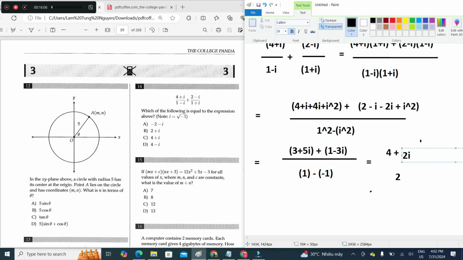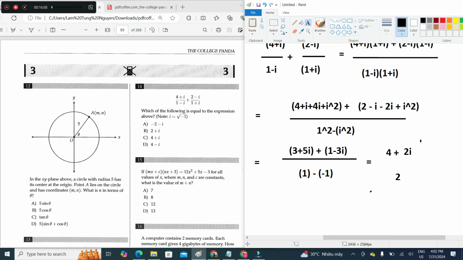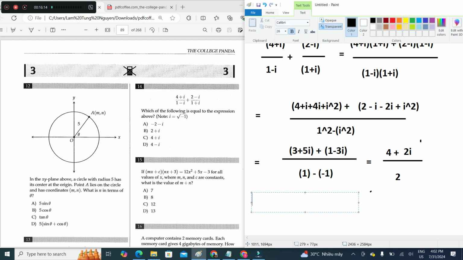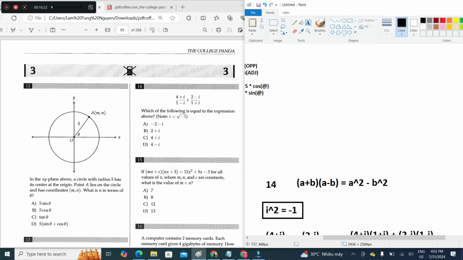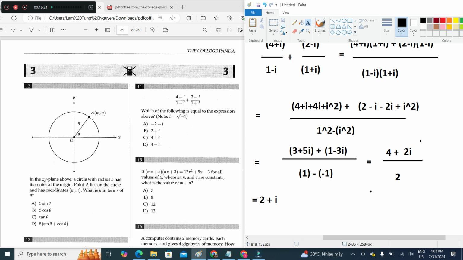With that, we can reduce this fraction into 2 plus I, because you just divide both by 2. So the answer for number 14 should be B.